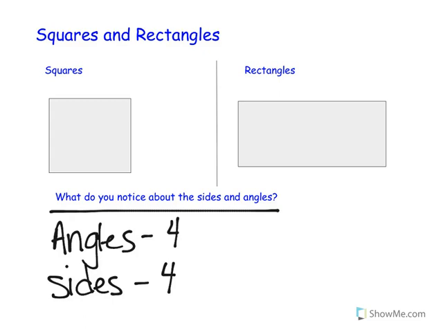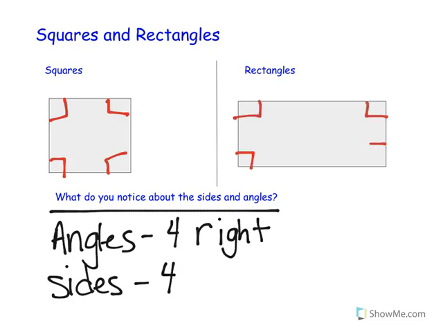I noticed that both of them have four right angles. So if we want to be even more specific for our angles, we could say each of those has four right angles. So there are square angles, right? How many degrees is a right angle? 90. You guys are so smart.